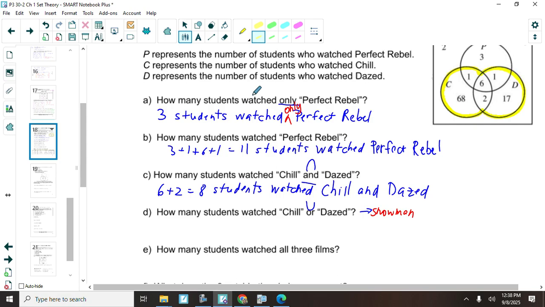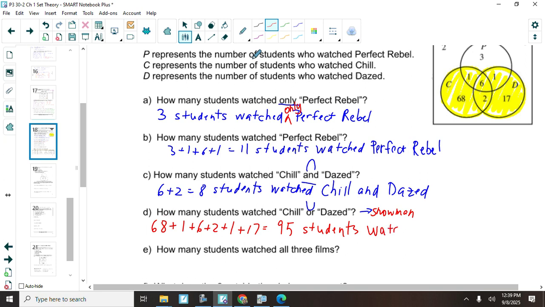You see our snowman includes both of those circles, and we color in our snowman, it's everything including those. Chill or Dazed would be all of those numbers. So let's write those in. We have 68 plus 1 plus 6 plus 2 plus 1 plus 17. I get 95 students watched Chill or Dazed.